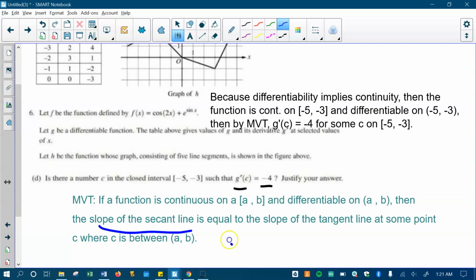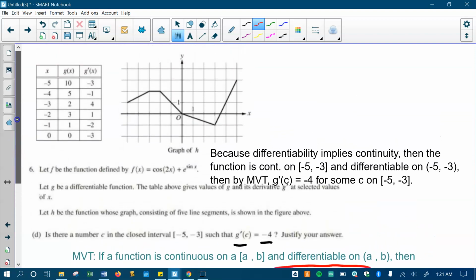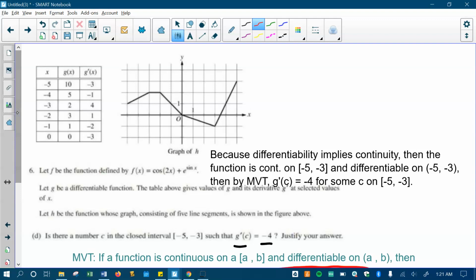I abbreviated this part here. But basically it's saying this IVT doesn't apply here. I don't know if some people tried that or if you want to try that, but it does say g prime of C equals negative 4.